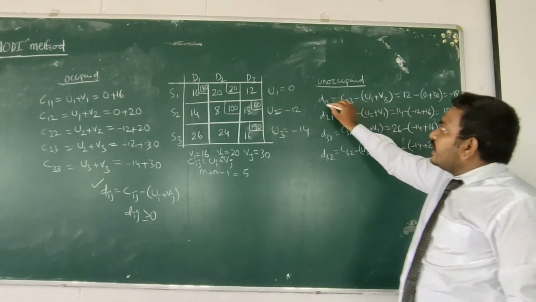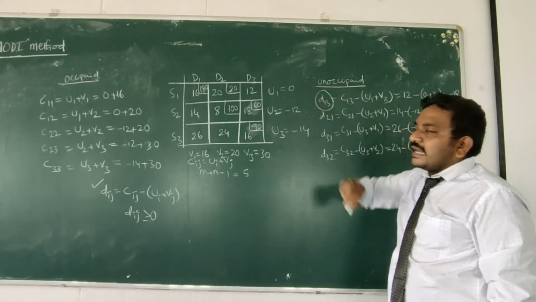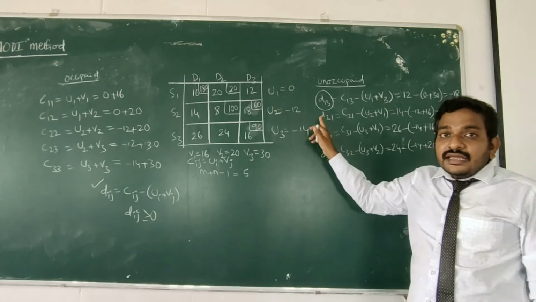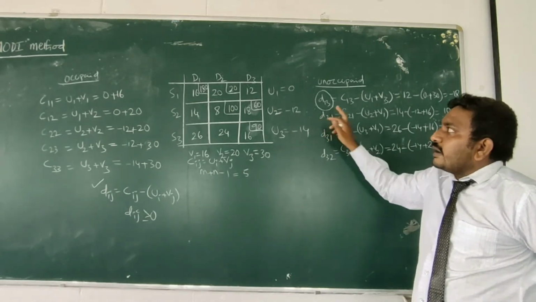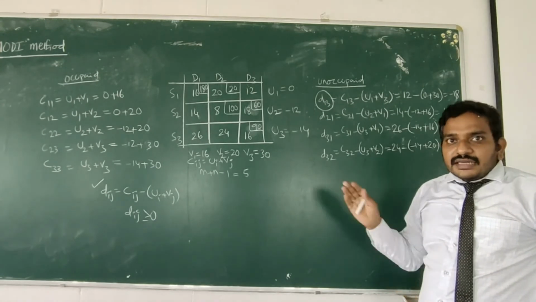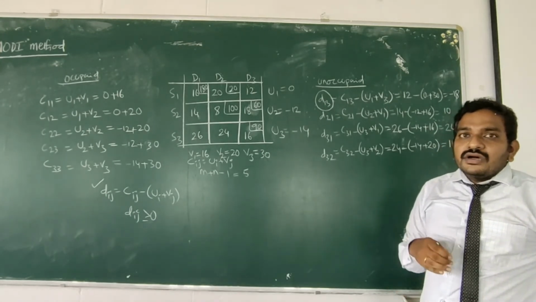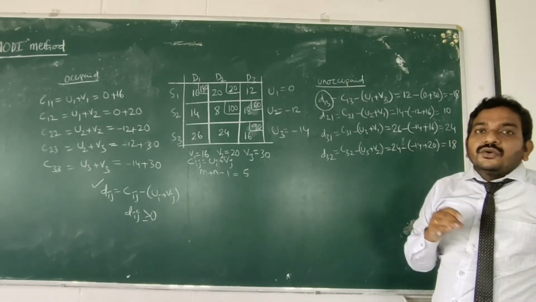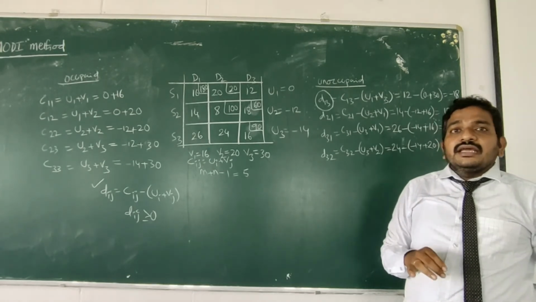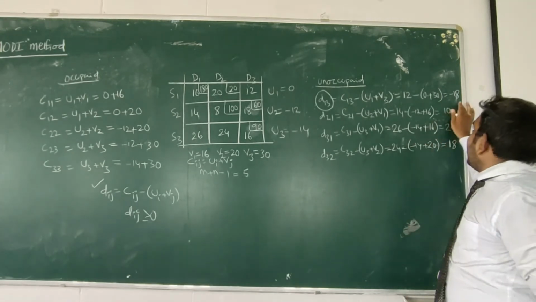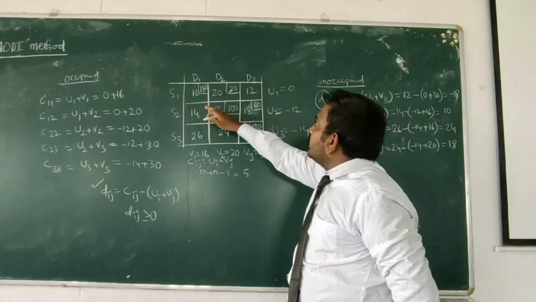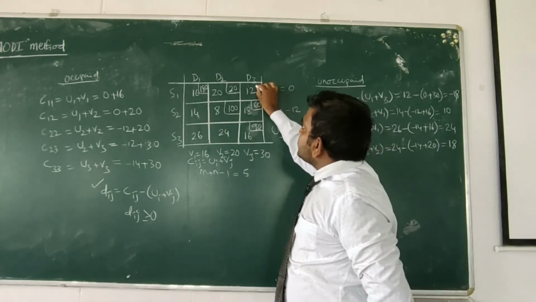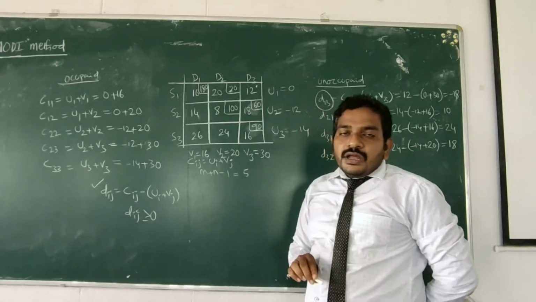So minus 18 is selected, and D13 is the selected cell, the entering variable. Now in D13 we have to make allocations. By that the total transportation cost can be decreased, by multiples of 18.